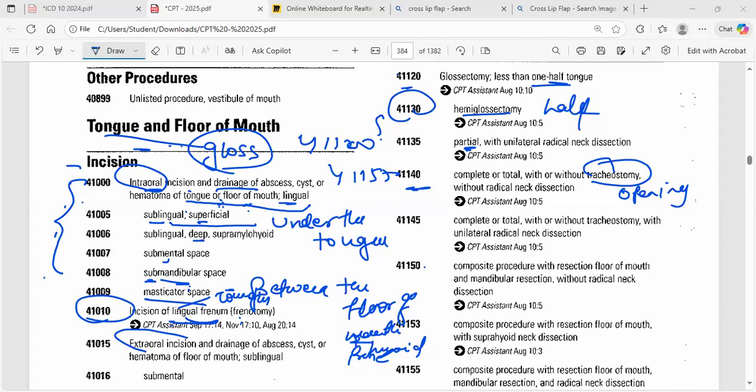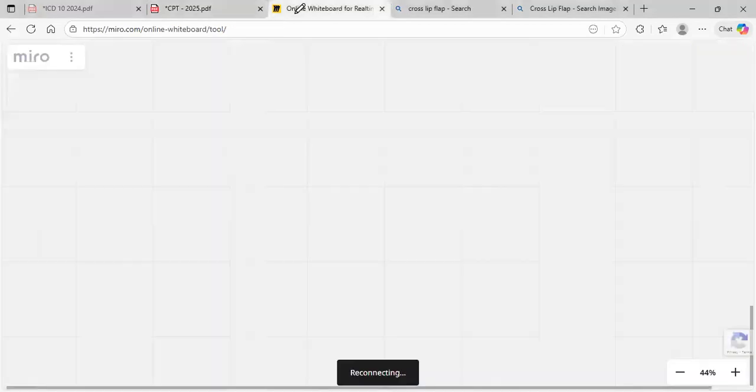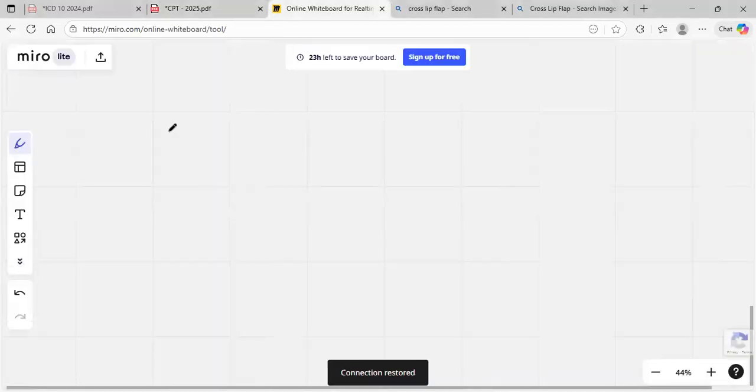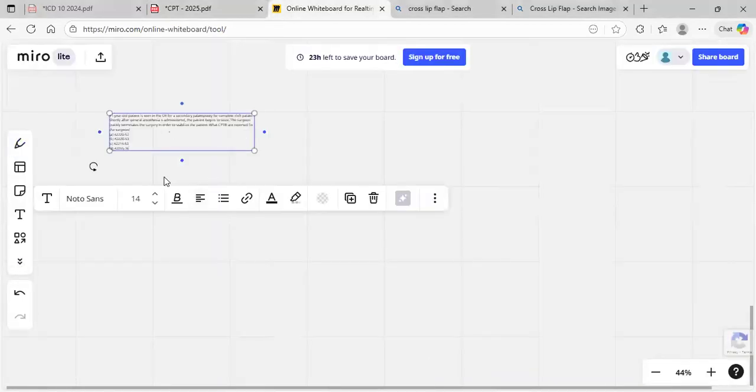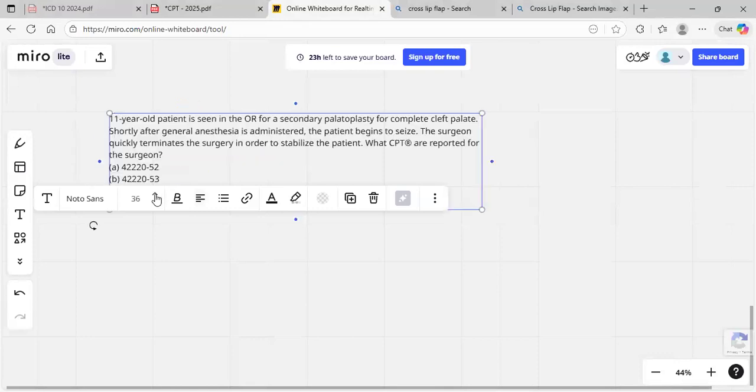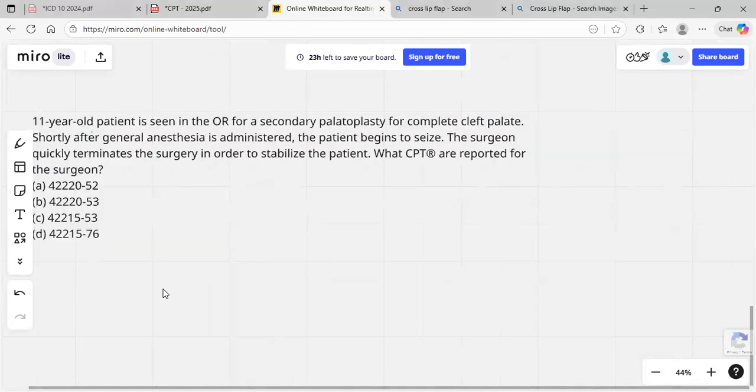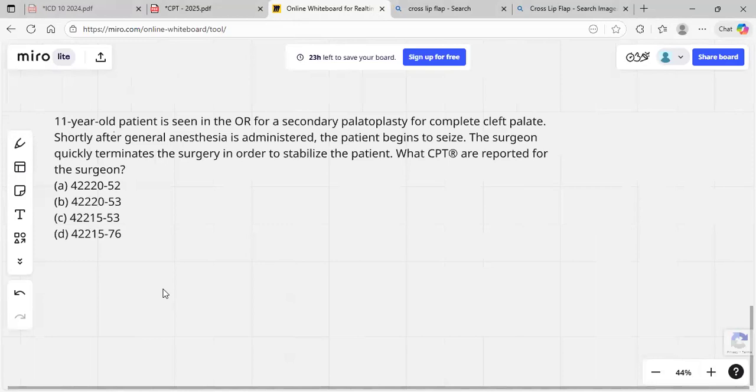Okay, Vaishnavi, can you tell me the difference between modifier 52 and 53? If any one of you can tell me the difference between modifier 52 and 53. I think we discussed modifier 52 and 53 in the last chapter itself.